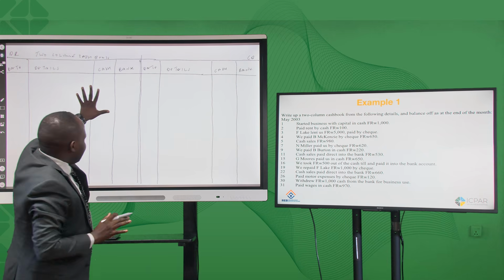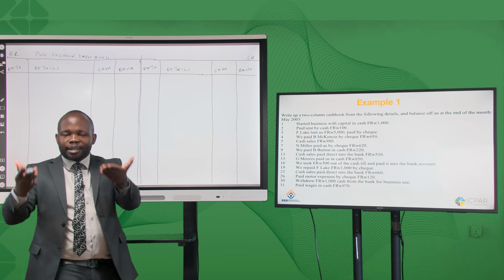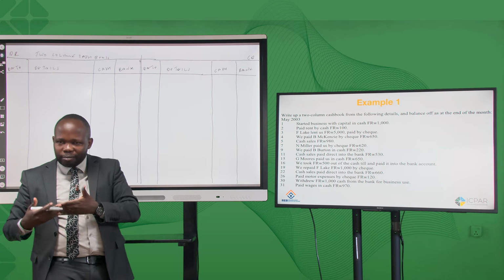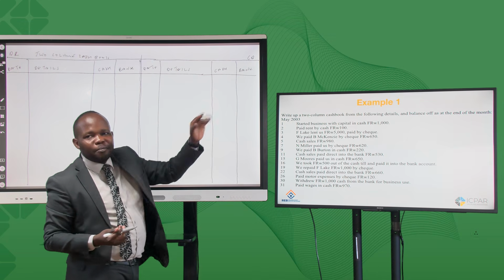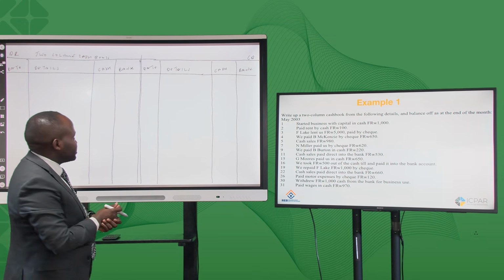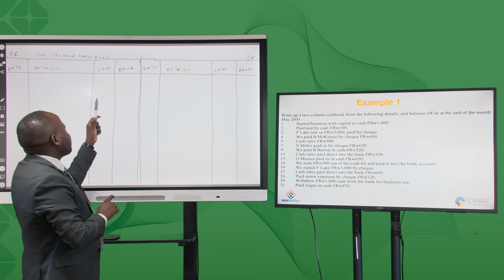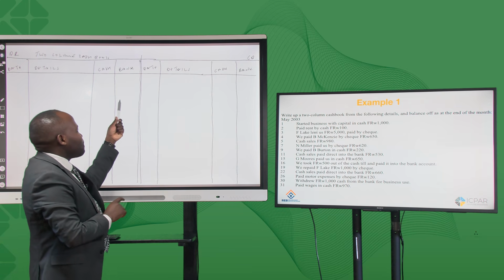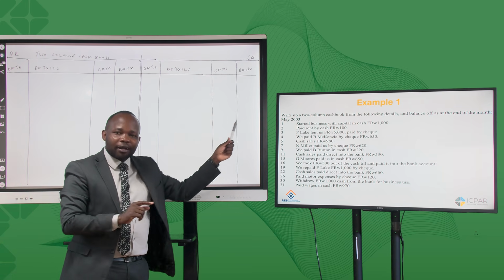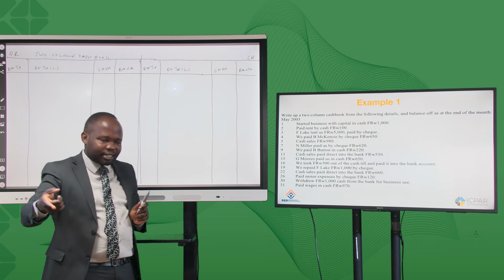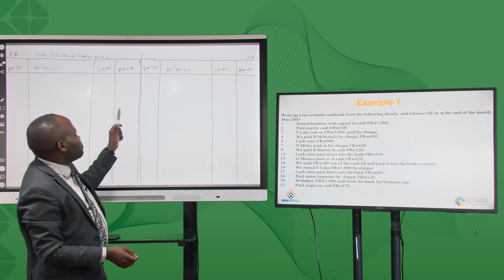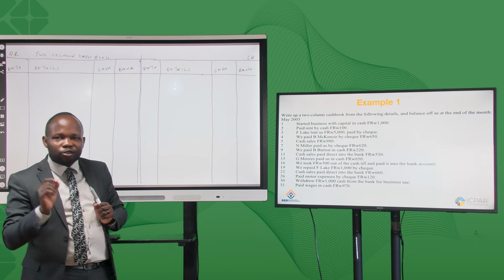So the debit side reflects receipts, what comes into the business. The credit side reflects the payments out of the business. In a 2-column cash book, there is only cash and bank, while in a 3-column cash book, which we will later on look at, there is cash, bank, and another new column which is called discount.